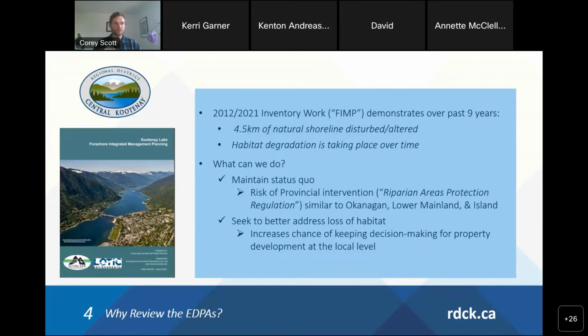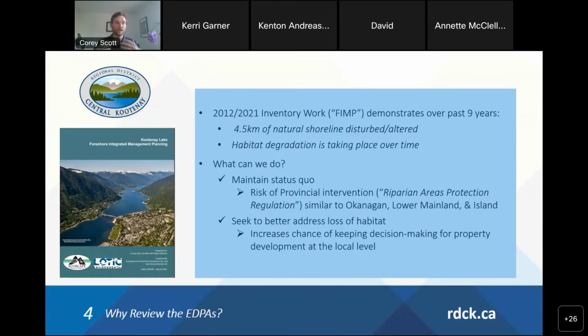And in response to these changes we're seeing along Kootenay Lake, there are 2 practical options that stand out. First, the RDCK could maintain the status quo. So thinking back to that map that I showed before, just keep that approach in place. In doing so, there's a potential risk that the province could step in and say, hey, you're really not doing a good enough job protecting habitat along the lake, so we're going to explore intervention.